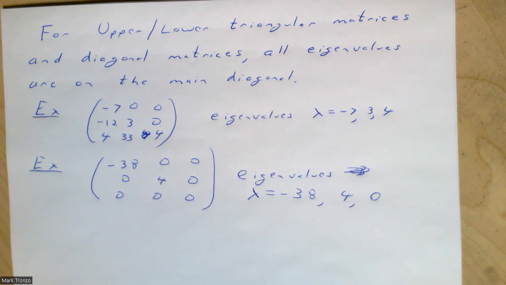So again, upper and lower triangular matrices are very easy to find the eigenvalues of.